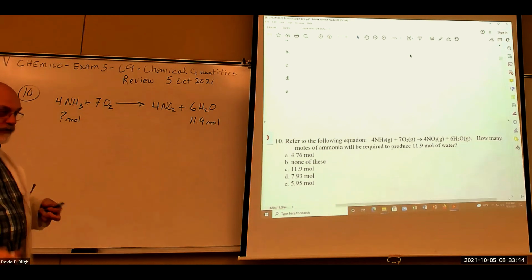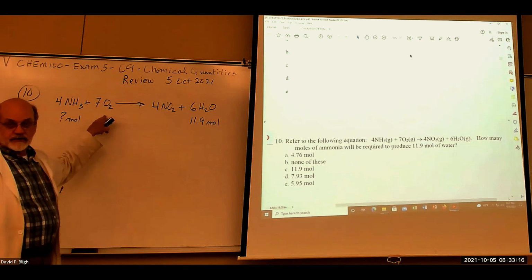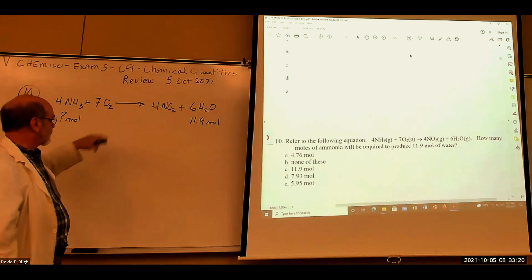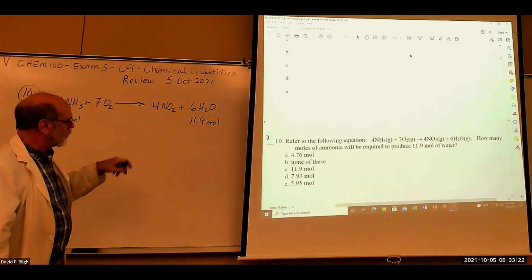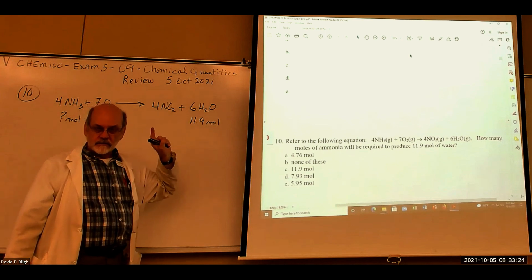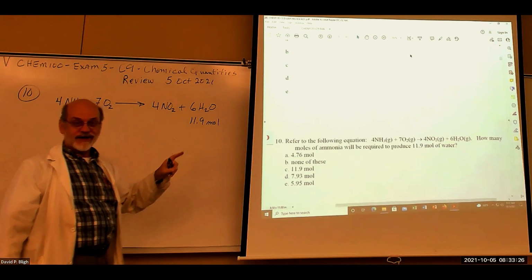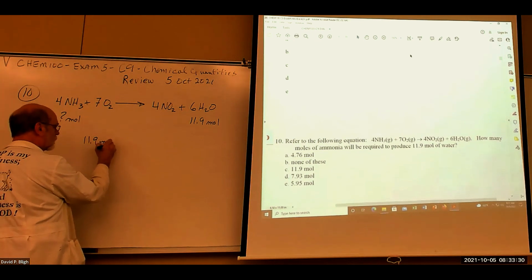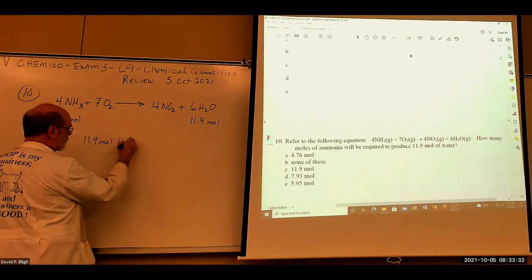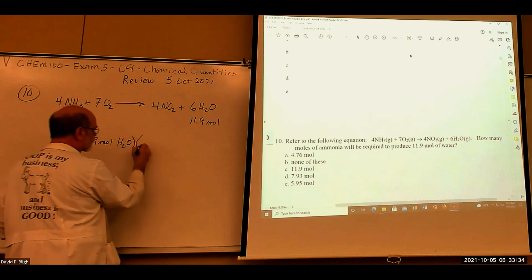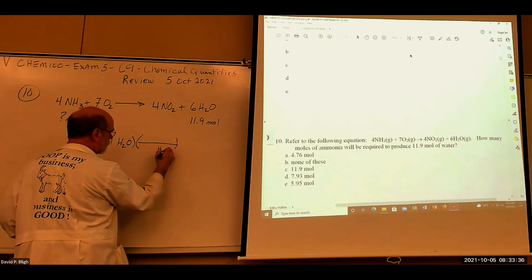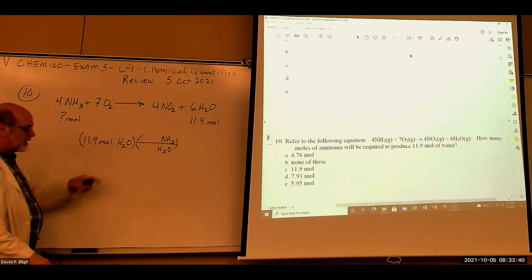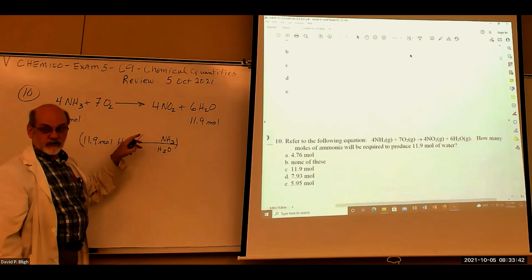Now, in this one, we have to assume that oxygen is in excess. We got plenty of it. So we just use the coefficients as a conversion factor. 11.9 moles of water will be produced from how many moles of ammonia? Cancel waters, leaves you with ammonia.